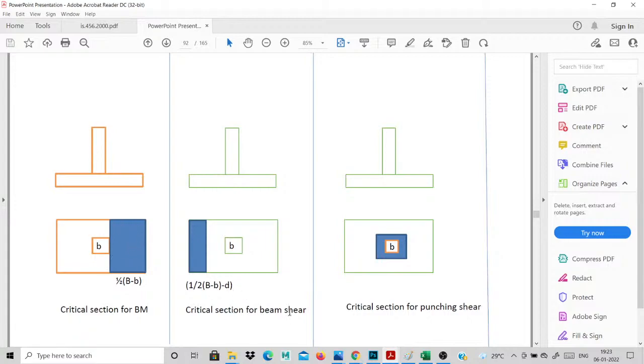The next one is the one-way shear, which acts on the one third portion of this corner of your pedestal. The punching shear acts around your column.